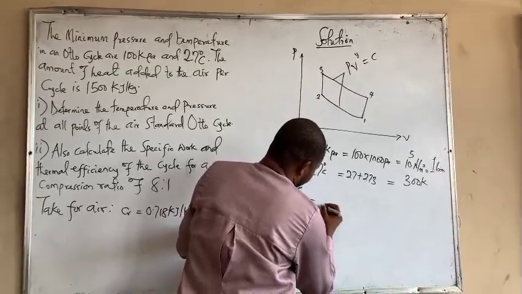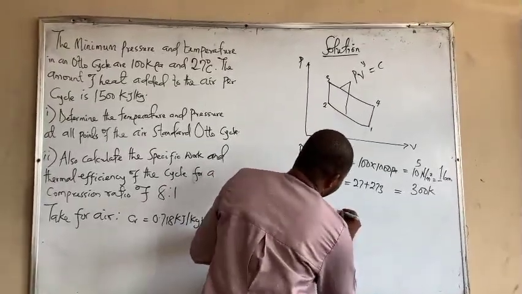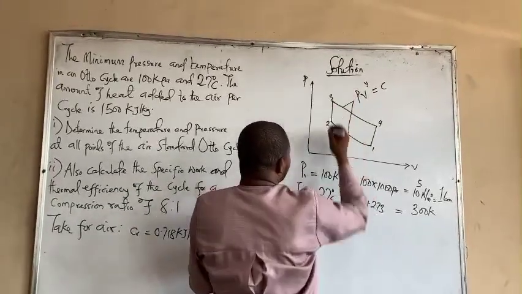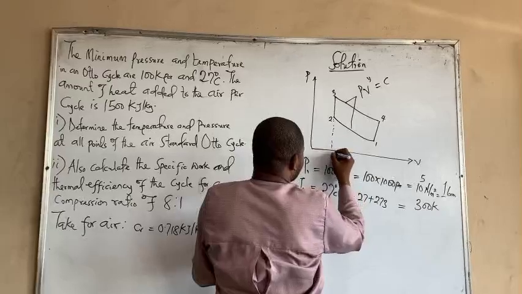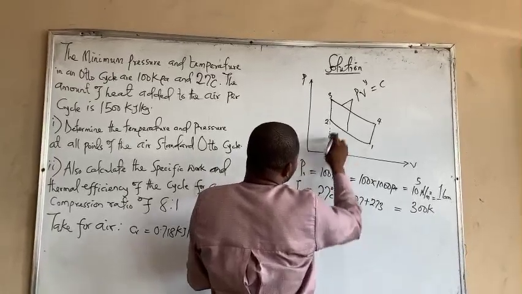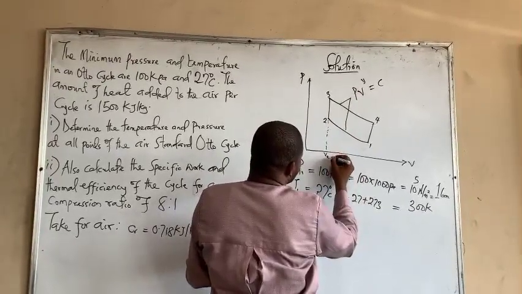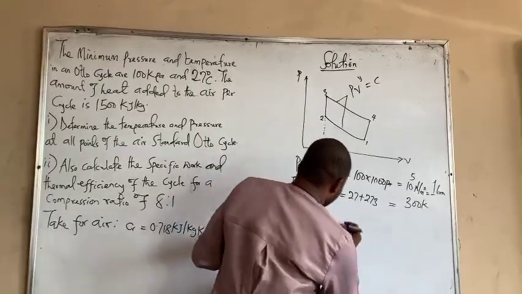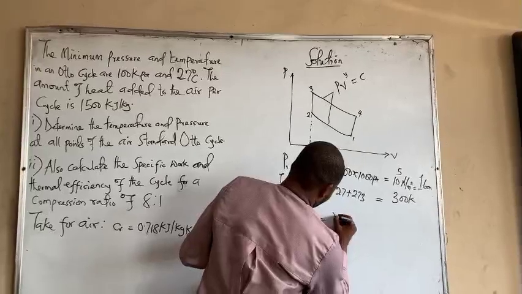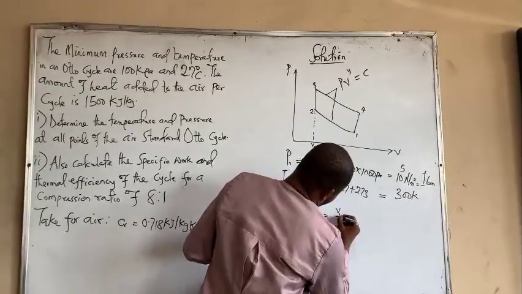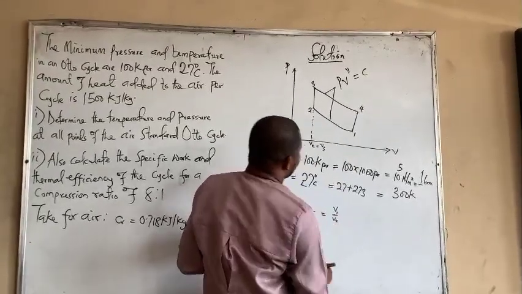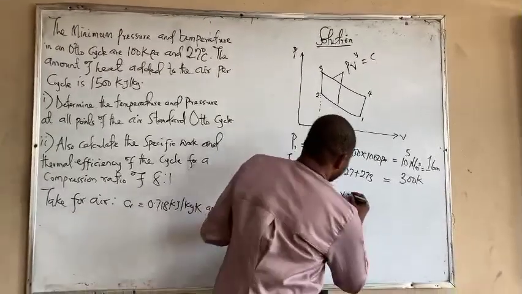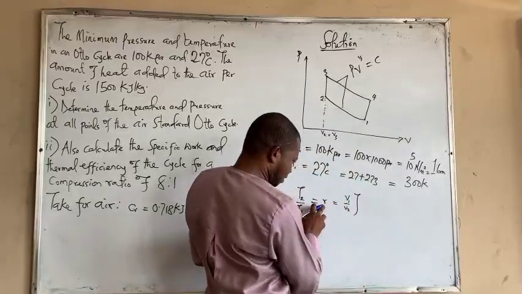Our compression is R. And mind you, this is constant volume, meaning that if I trace this down here, this is volume. Our volume is constant, meaning that V2 is equal to V3. So our compression ratio here is equal to V1 over V2. Sometimes you can use V2 over V3, the compression ratio.